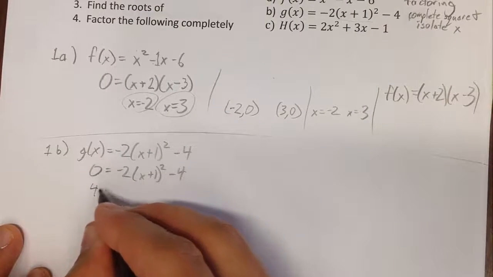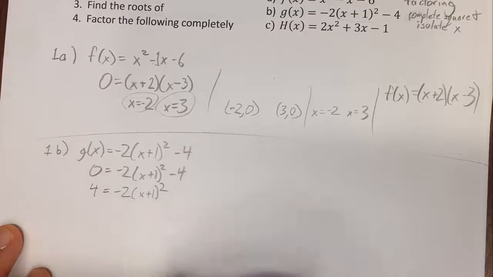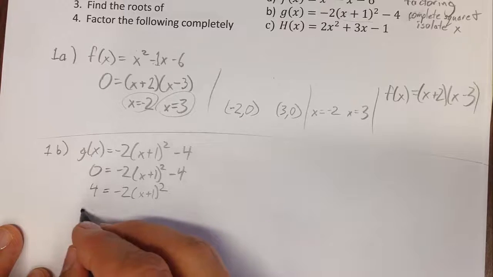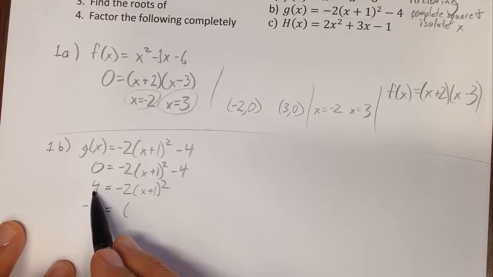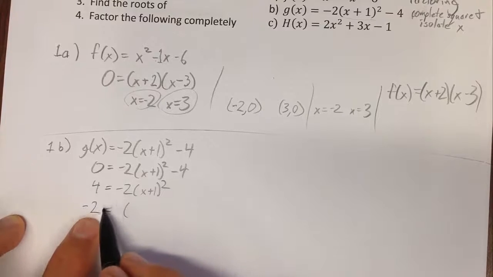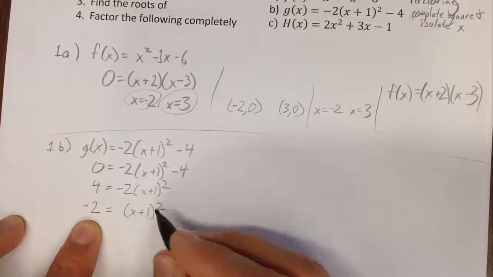So adding 4 to both sides, then dividing by negative 2. This is a little deceptive. 4 divided by negative 2 happens to be negative 2, x plus 1 squared.